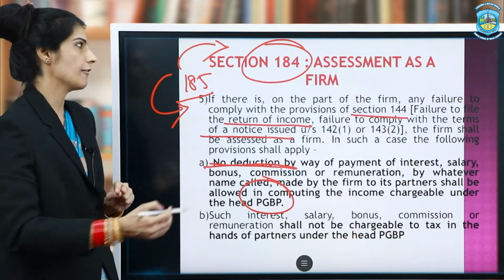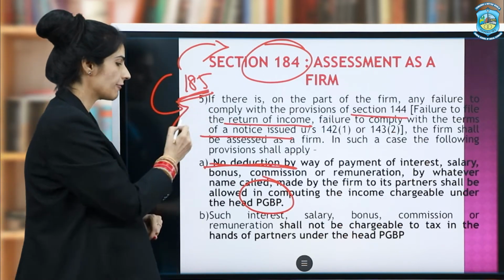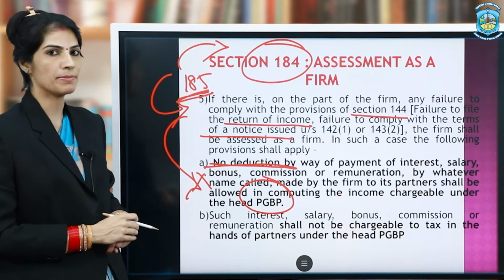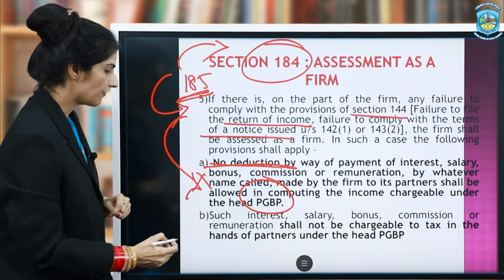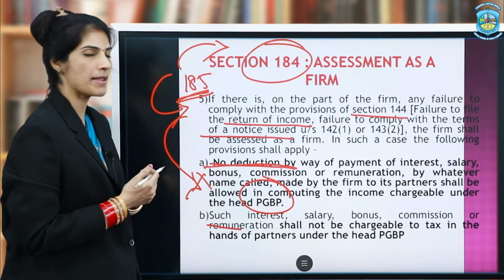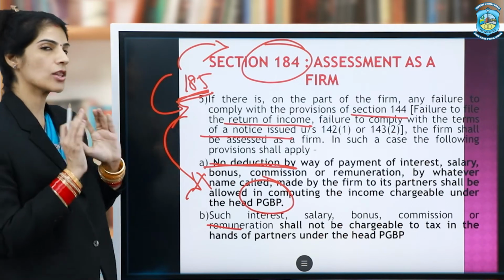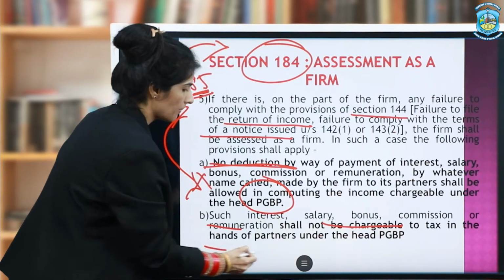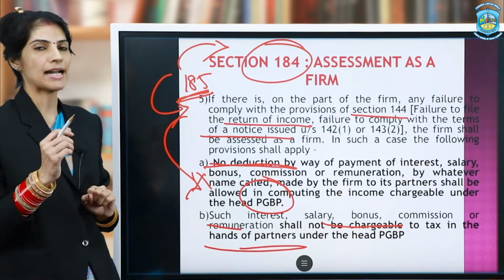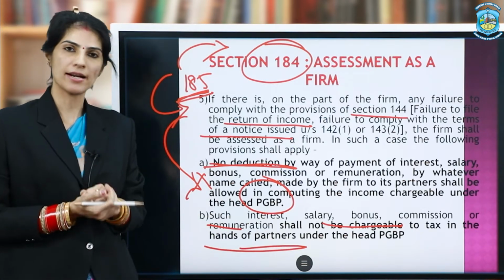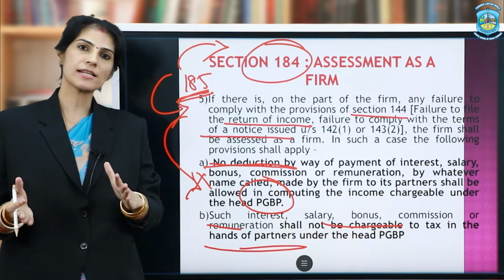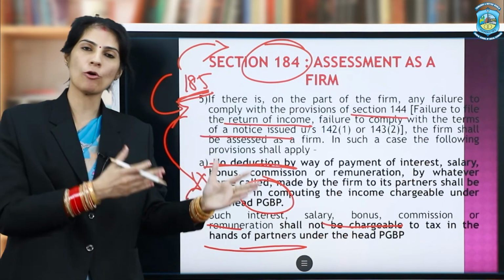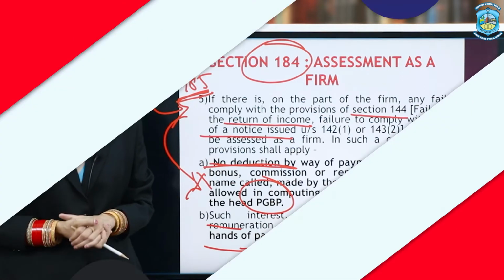I repeat, if it is falling under Section 185, no deductions will be allowed. And whatever remuneration or interest is paid to the partners, they are not chargeable to tax while computing the partner's income. That is the most important thing that we need to understand. So this is the basic difference between Section 184 and Section 185.